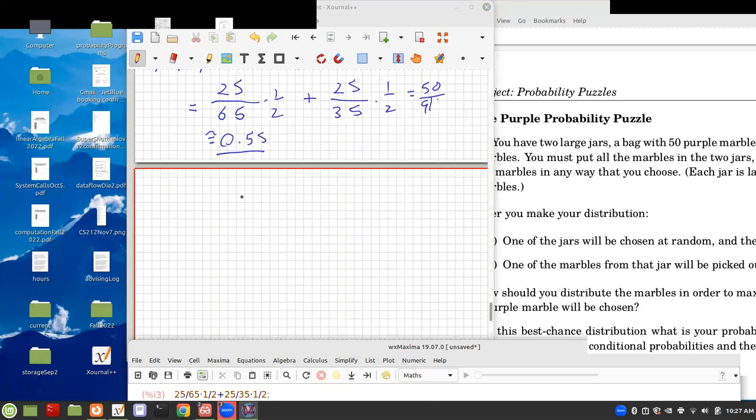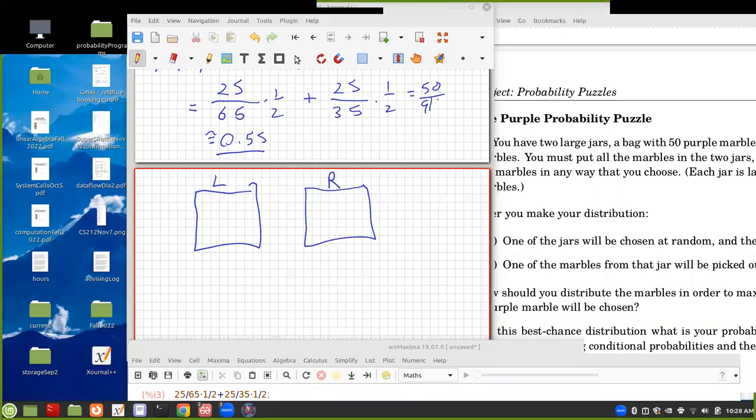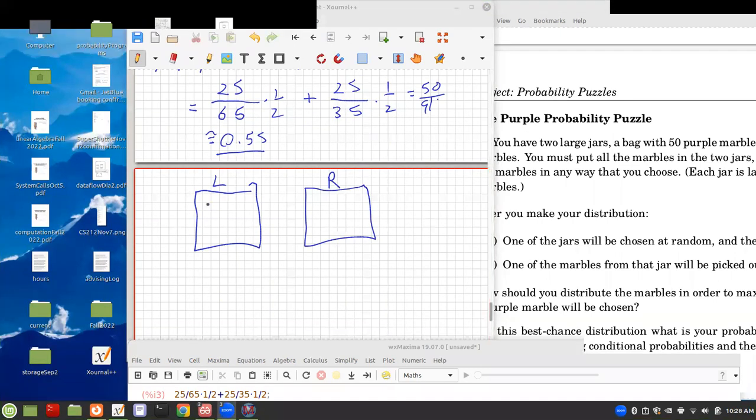So do you, now that you have a moment to think about it, let's try this: 40 red and 10 purple, and 40 purple and 10 red.